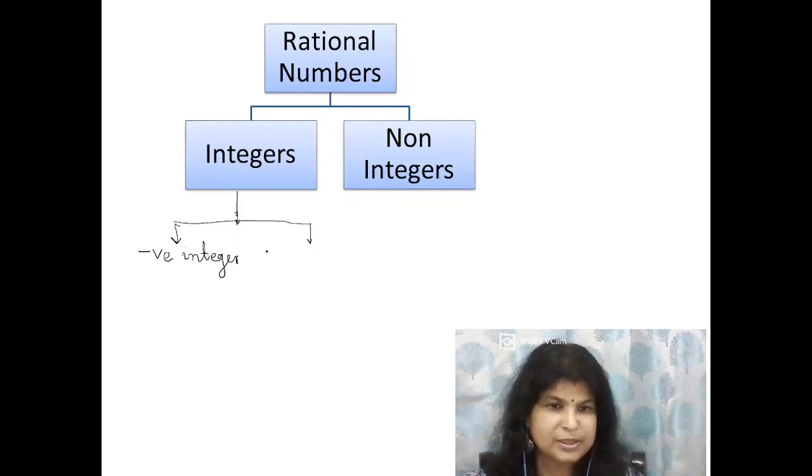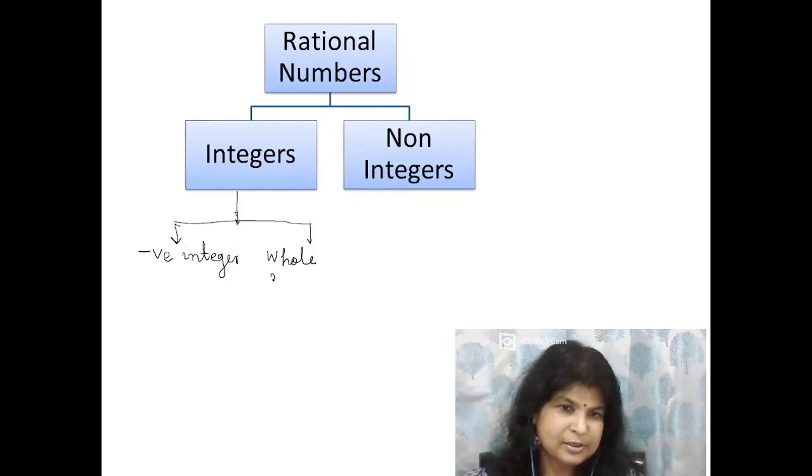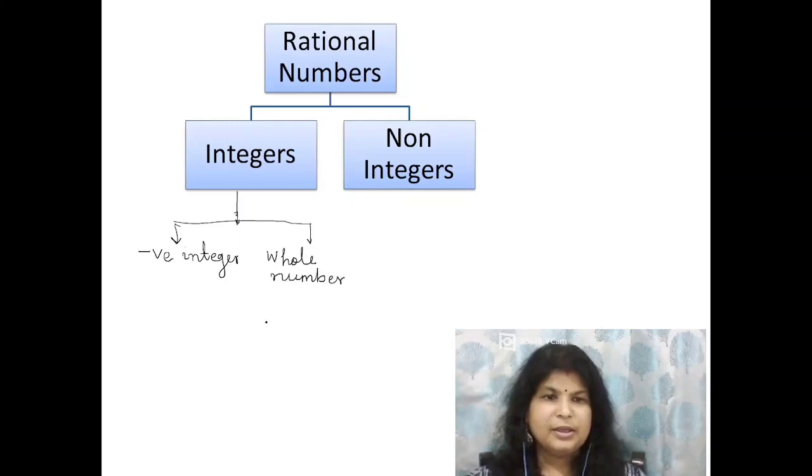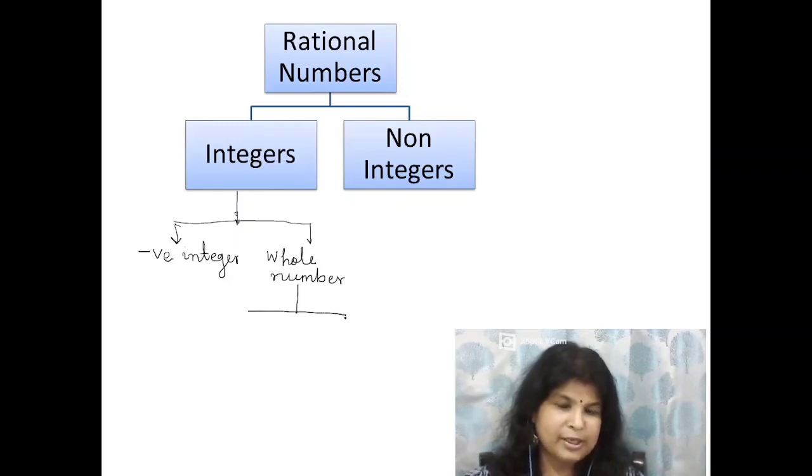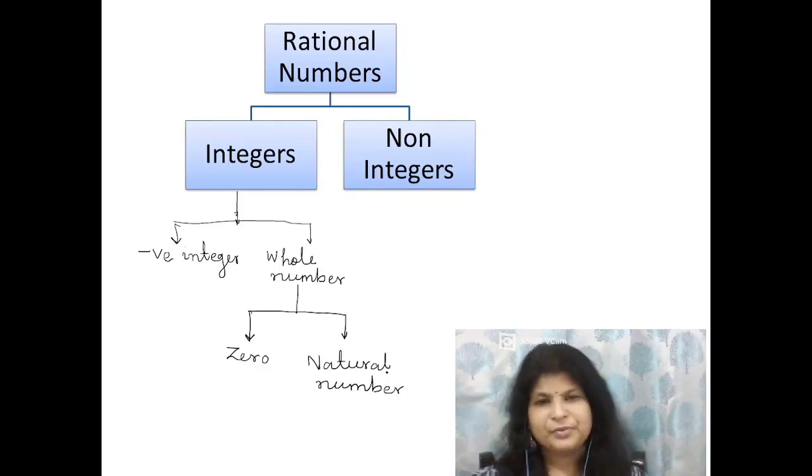Positive integers including 0 can be written as whole numbers, isn't it? Now this whole number includes your 0 and all your natural numbers. Did you get me? Okay.